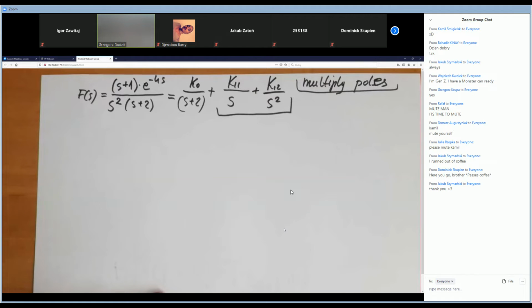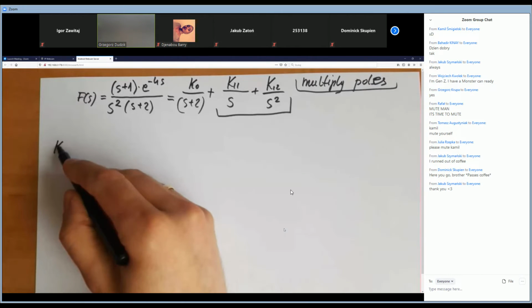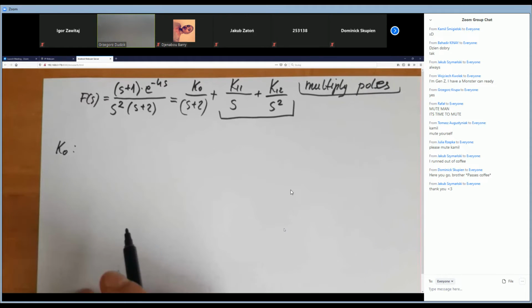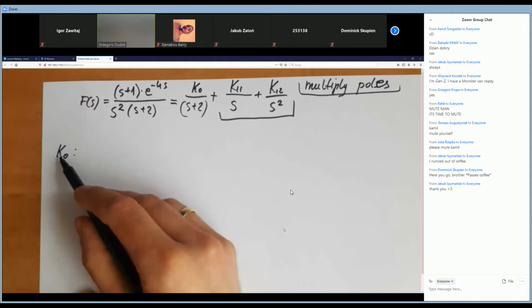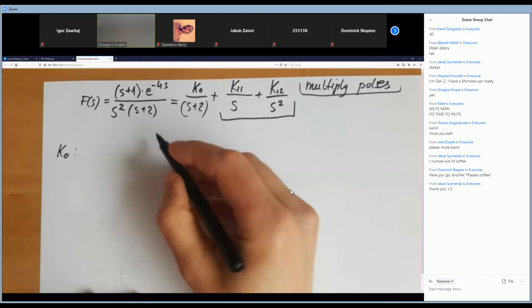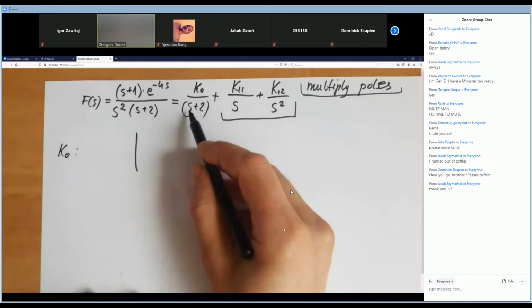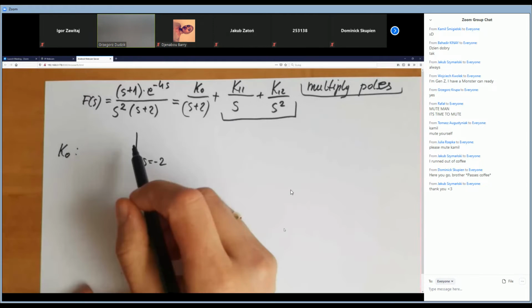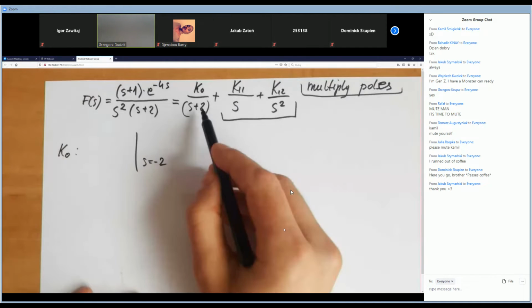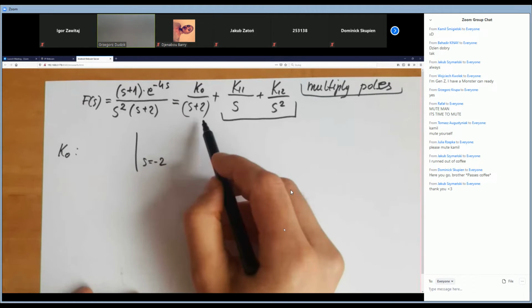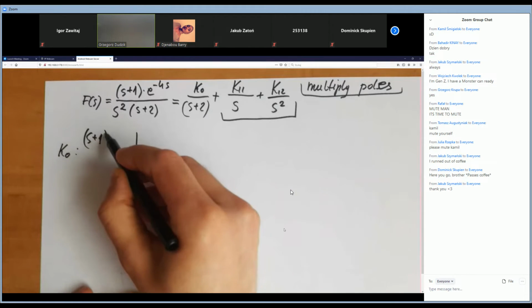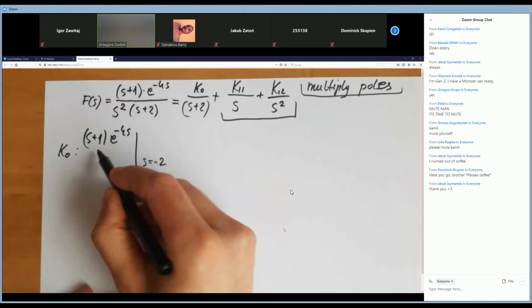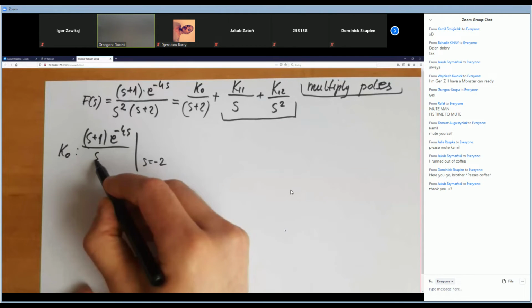So now we have to find the k factors. The first one, k0, is simple. Why? Because for k0, we have to look at the poles and find the roots. It is minus 2. For s equal to minus 2, we just write the F(s) function without this component. So this is (s plus 1) times e to the power of minus 4s over s squared.